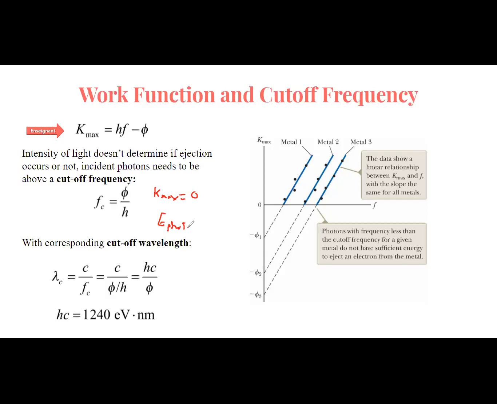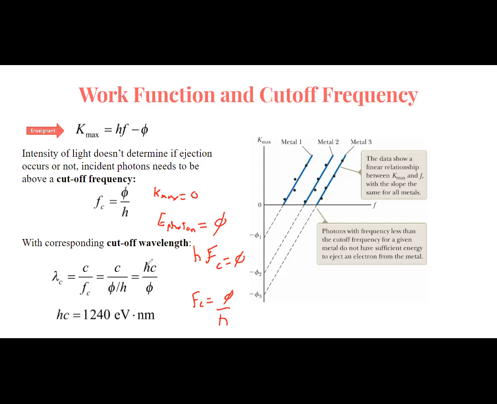And from that, you can figure out what the threshold frequency is. And then you can also calculate the wavelength of the photons, because you know the frequency and you can calculate the cutoff wavelength.